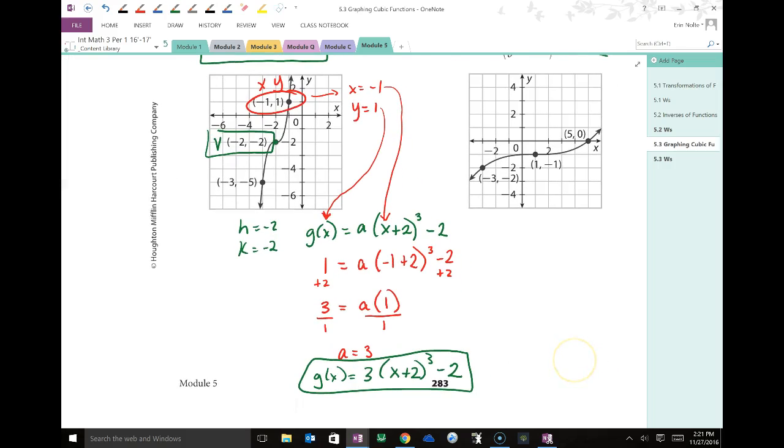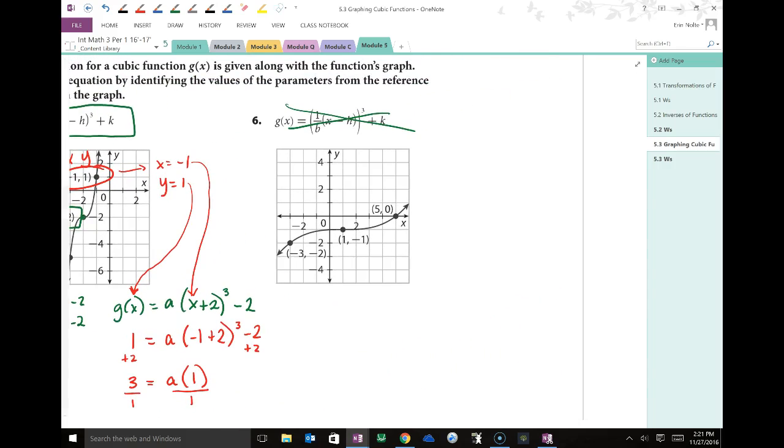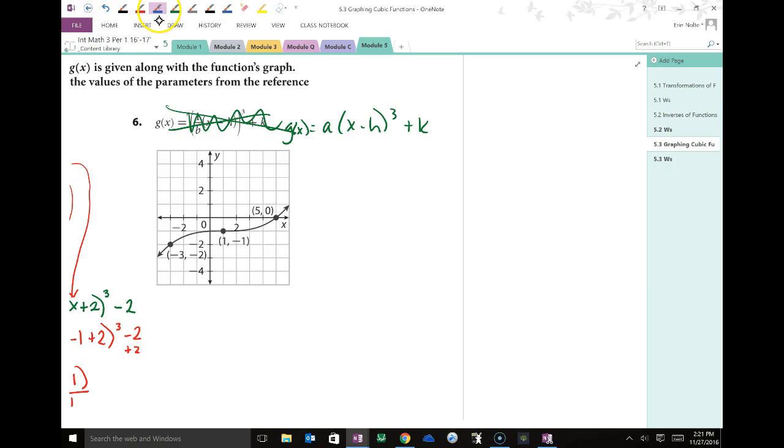Let's do this one more time with another example. Again, we're going to use a times (x minus h) cubed plus k. For this one, my vertex is the middle piece, right here.